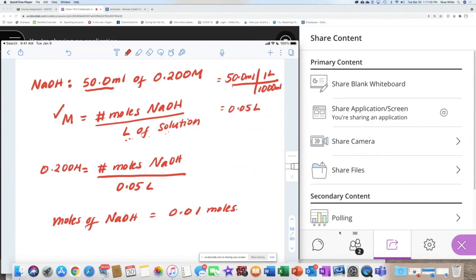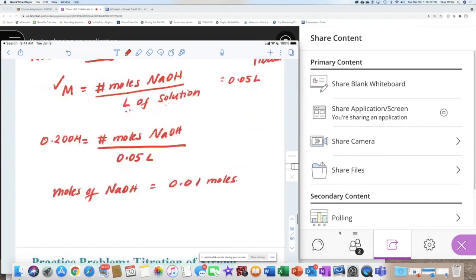So you may be wondering, why are you converting to moles when we didn't convert to moles before? We didn't want to overwhelm you by converting molarity into moles because it wouldn't have made a difference before. Before, our volume was 1 liter.